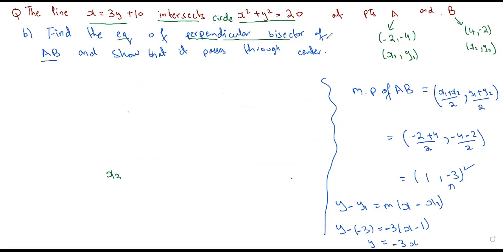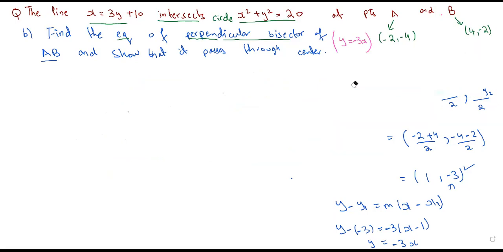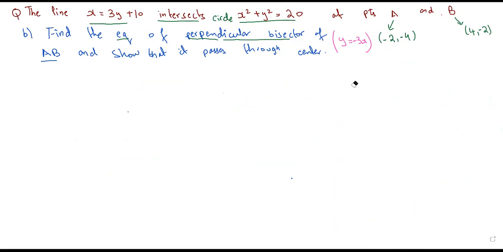Okay, so this turned out to be y equals -3x. Right, so let's talk about the next part of this question. This is the last question of this chapter. And this question is just like the questions you will have in your exam, okay? It's of the exact same type. Okay, so let's talk about the third part then.